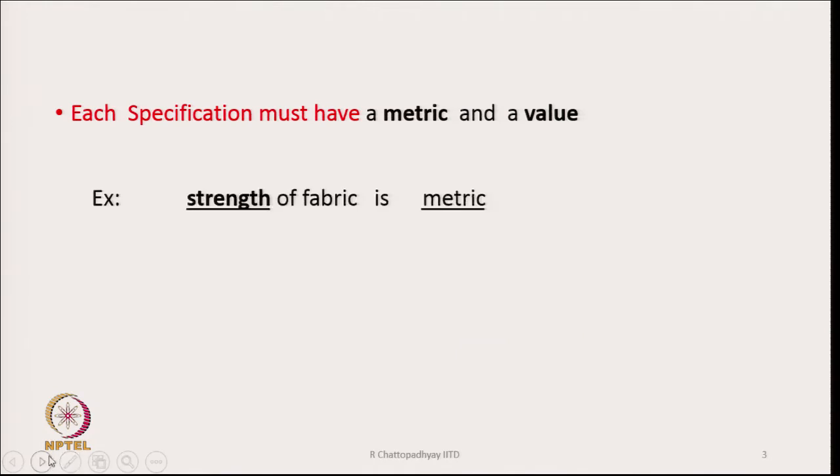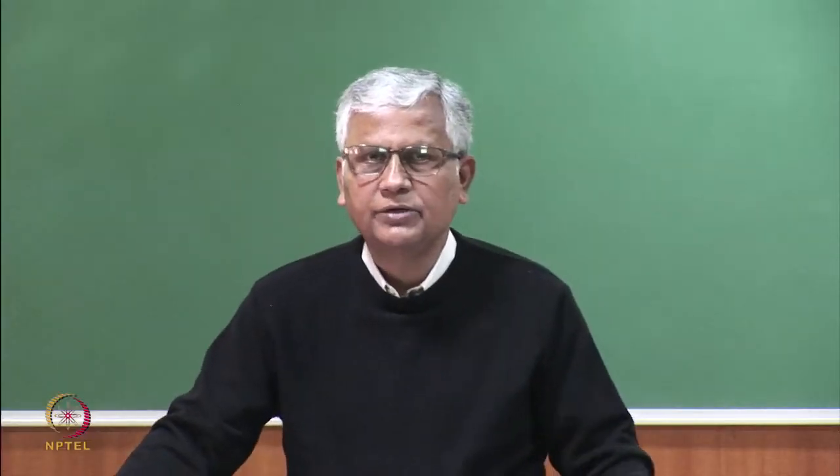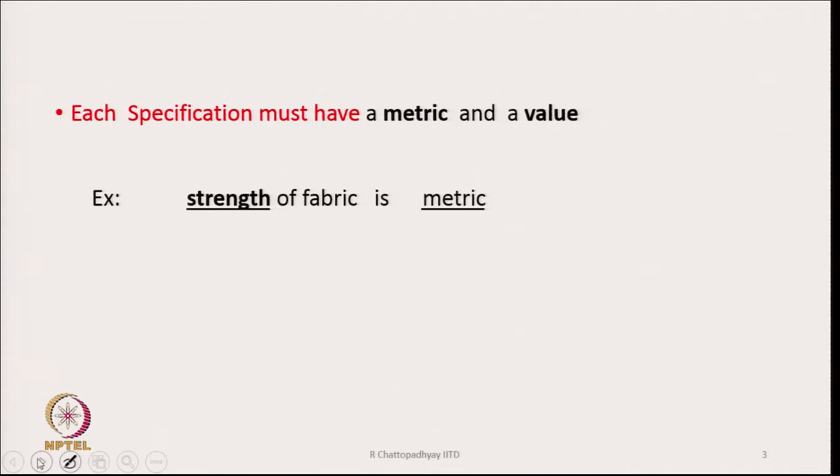Now, each specification must have a metric and a value. For example, strength of a fabric. Strength is the metric, whereas if the strength is 150 kg force, then 150 is the value, and the unit of this value is kg force, or we can have it in Newton.